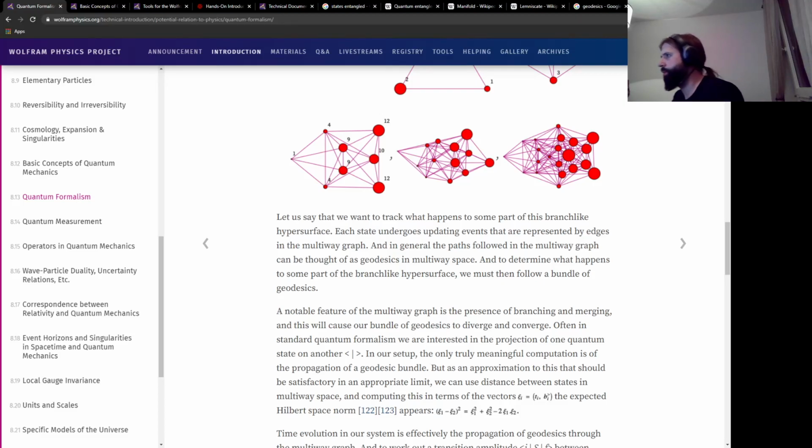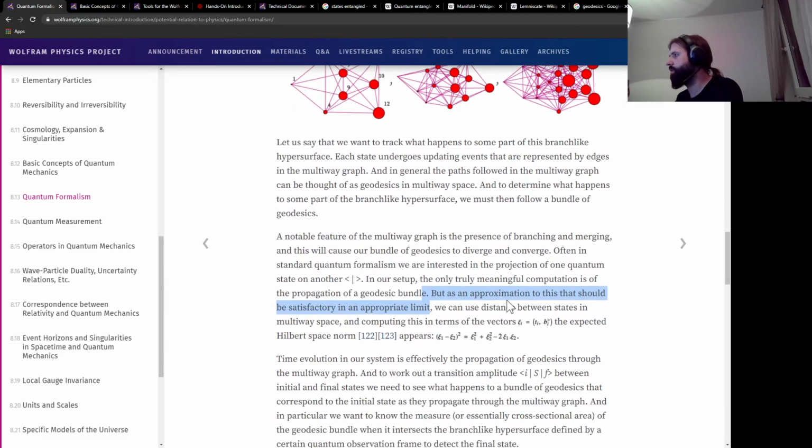A notable feature of the multi-way graph is the presence of branching and merging, and this will cause our bundle of geodesics to diverge and converge. Often in standard quantum formalism, we are interested in the projection of one state on another. In our setup, the only truly meaningful computation is of the propagation of a geodesic bundle. But as an approximation to these, that should be satisfactory in an appropriate limit, we can use distance between states in multi-way space.